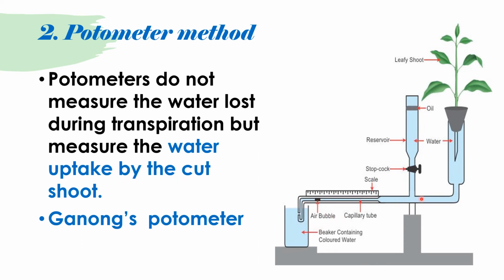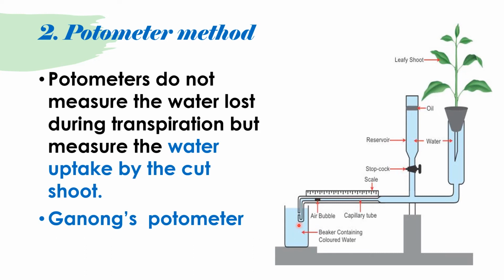As transpiration proceeds, or as the water is lost from the twig, a suction force is set up which pulls the water from the beaker. The suction force and transpiration pull we already discussed in the last videos, right?